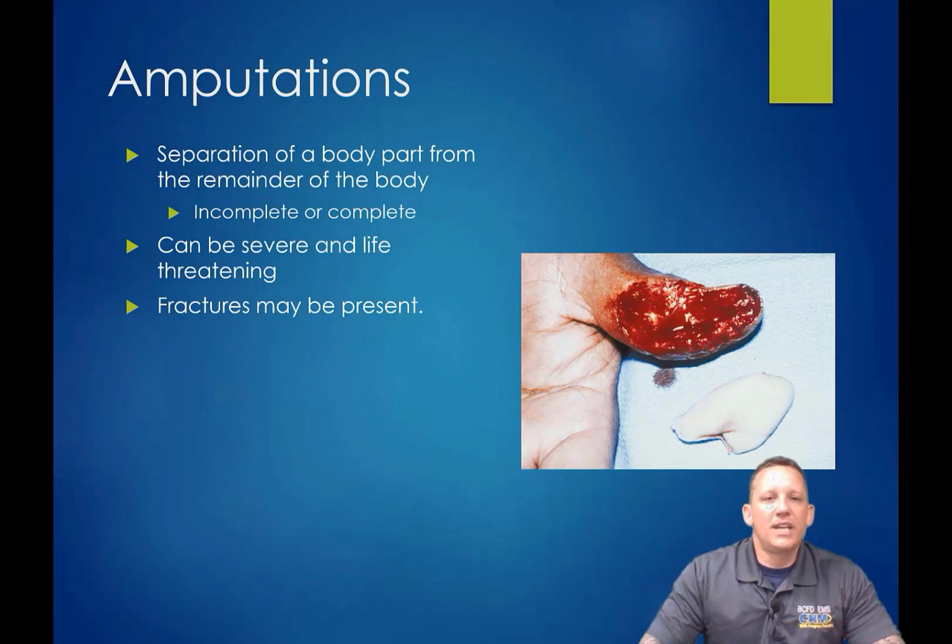Anytime that you have an amputation, you should be looking for the injury to have also created a fracture, barring that it's a power tool that may have a sharp edge that amputated a digit or something like that. But even in that case, that bone, while not truly fractured, may have been lacerated or cut through itself, as in the case of table saws and circular saws removing digits.